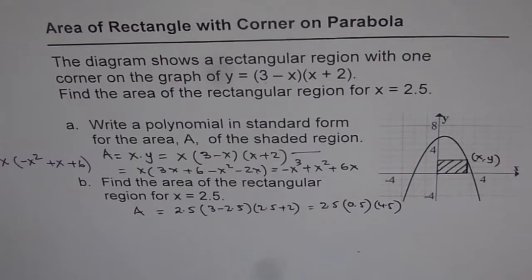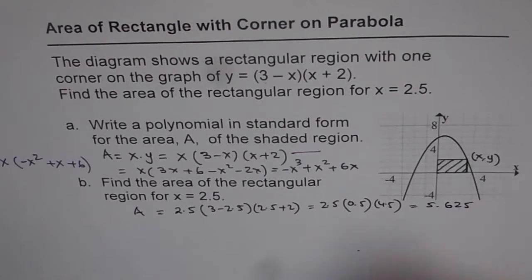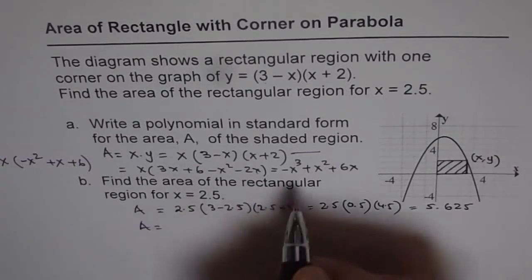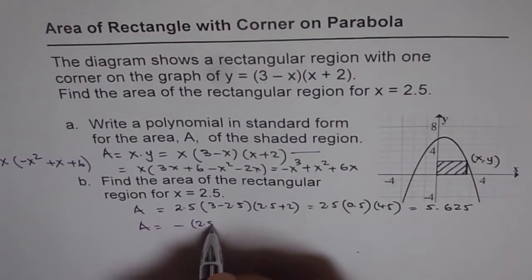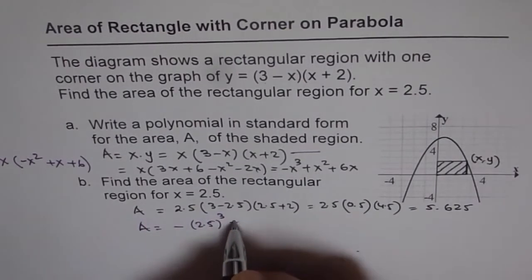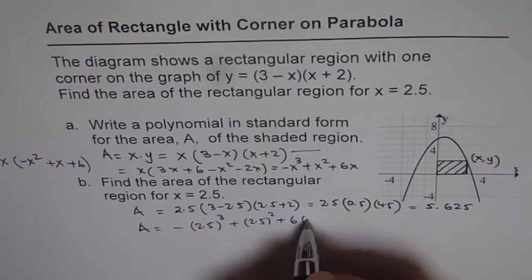It is 2.5 times 0.5 times 4.5, which is 5.625. So we get 5.625 from the factored form, right? You could get the same area also from the expression, so let's try that also. So it is minus 2.5 cubed plus 2.5 squared plus 6 times 2.5.